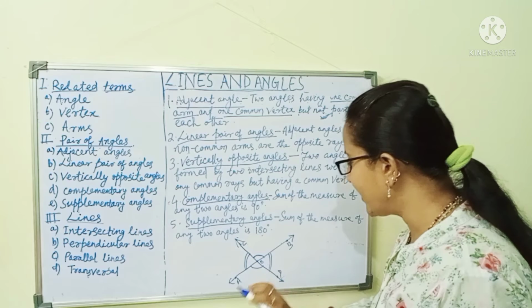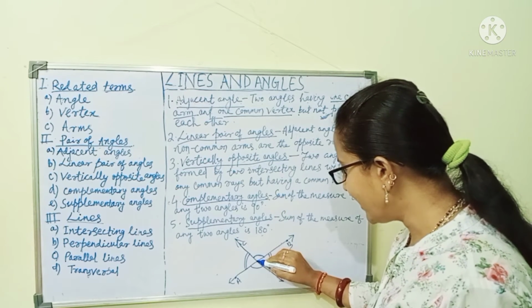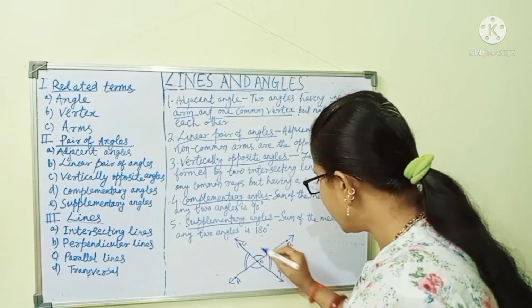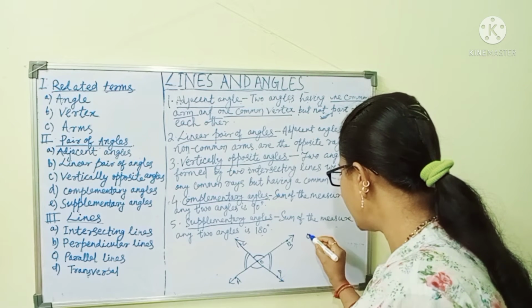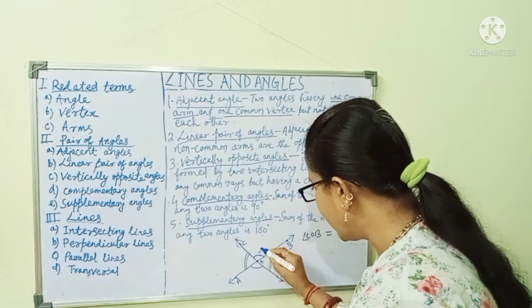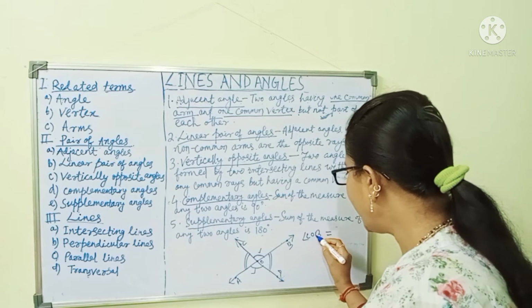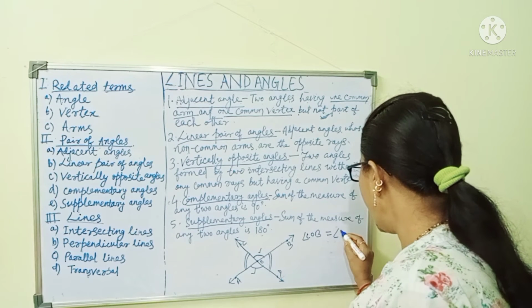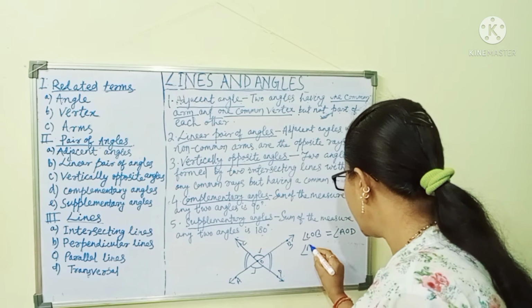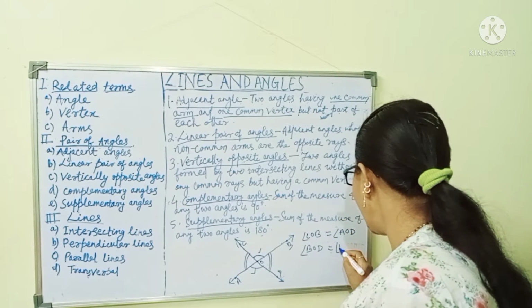Here no common rays are there, but they have a common vertex, that is O. So COB angle is equal to AOD angle, and BOD angle is equal to AOC angle.